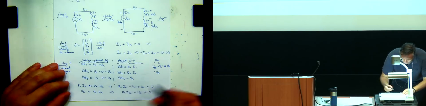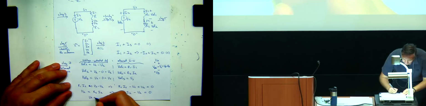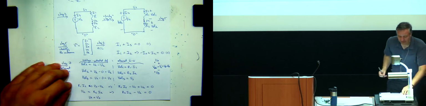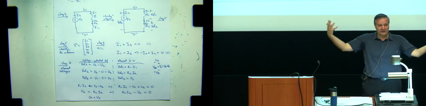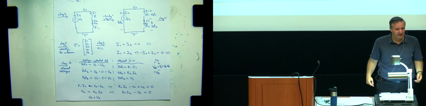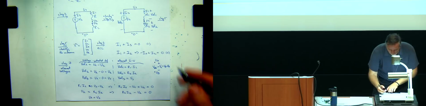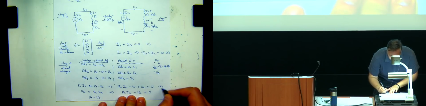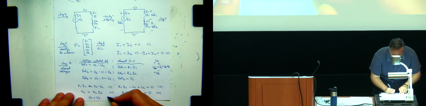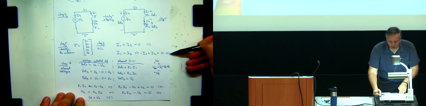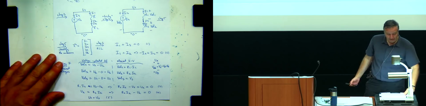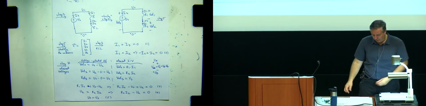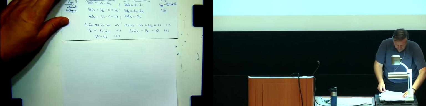And the third one is that U1 equals Vs. I don't even have to simplify that. That's already in the form I want: potential on one side, some constant on the other side. So those are my equations 3, 4, and 5. Remember, 1 and 2 were here. Now I'm just going to put all this together in matrix form. That's all that remains.